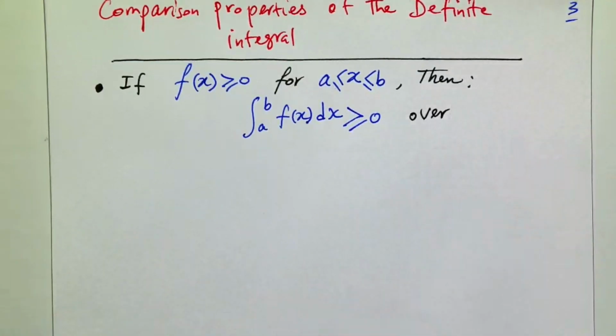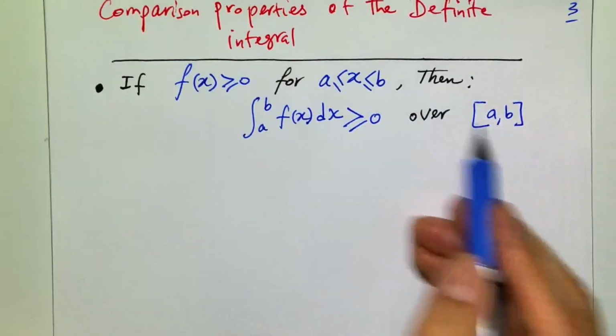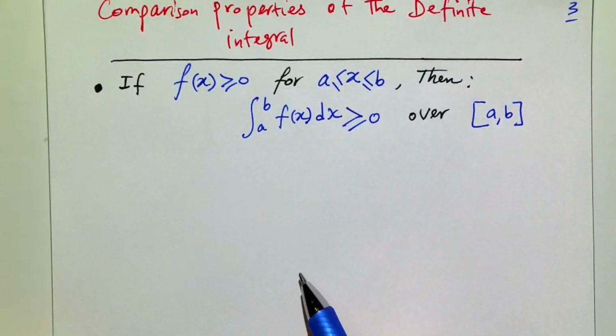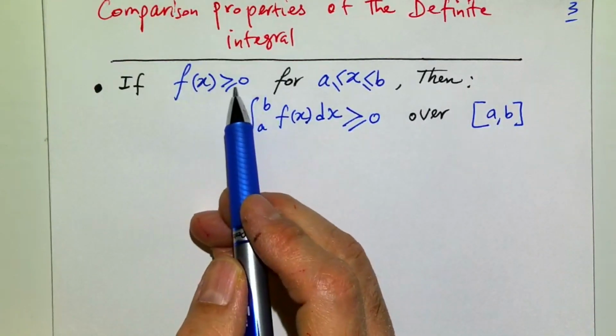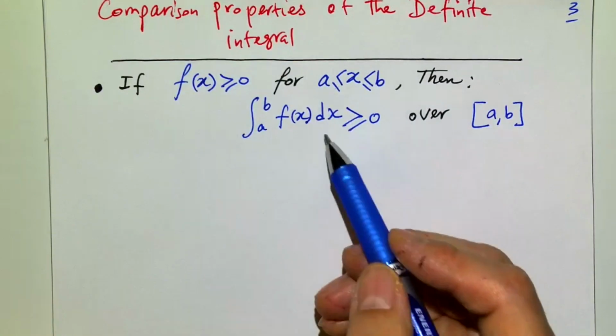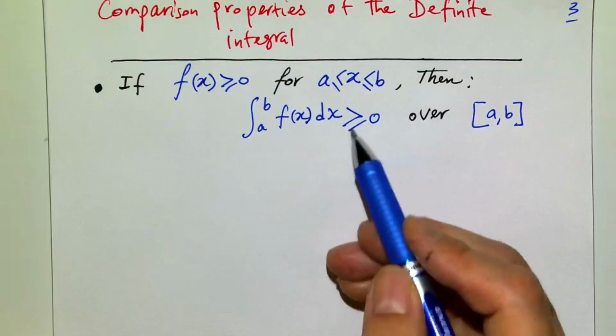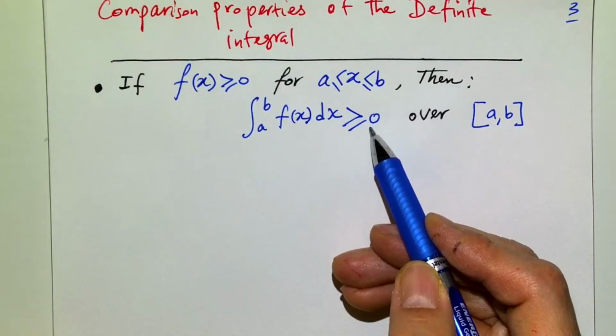I'll just switch notations, so these two are the same thing. So if the original function is 0 or greater over this interval, then the integral of that function is going to be greater than or equal to 0 as well.